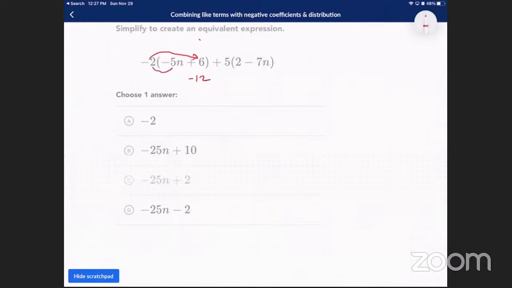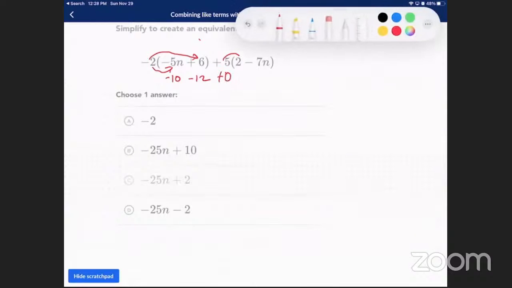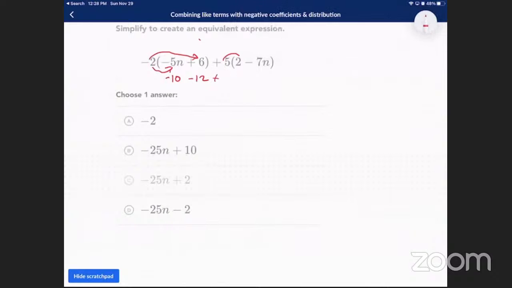And we have negative 2 times negative 5 is negative 10. On this side, we can do a negative 5 times 2, which is 10. And then we have positive 5 times negative 7 is 35.